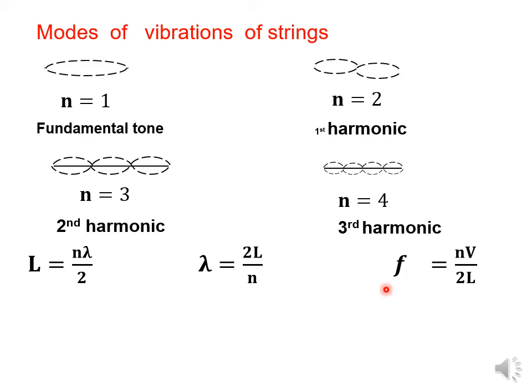The frequency of the wave in the string equals nV divided by 2L, where V is the velocity of the wave in the string. In the case of the first harmonic, the frequency equals 2V divided by 2L. In the case of the second harmonic, the frequency equals 3V divided by 2L, and so on.